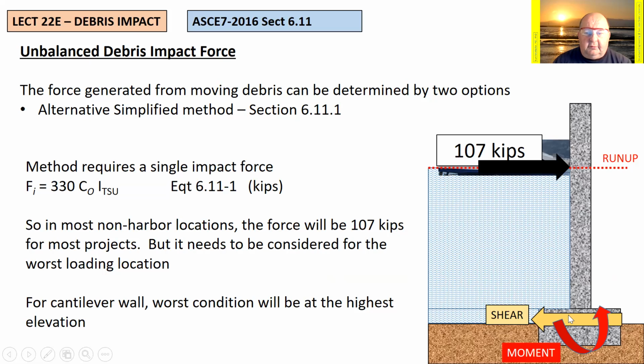For a cantilevered system like this wall, the worst position would be to have it all the way at the top, as high as it could go, which would be wherever the run-up elevation is. We do not need to consider the force being applied anywhere higher than that run-up of the water.